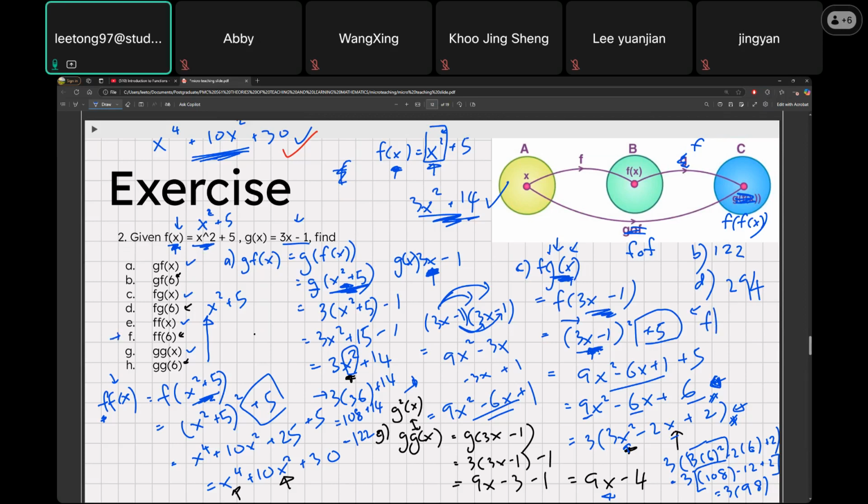Okay, how about this? 6 is the object for this composite function f(x).